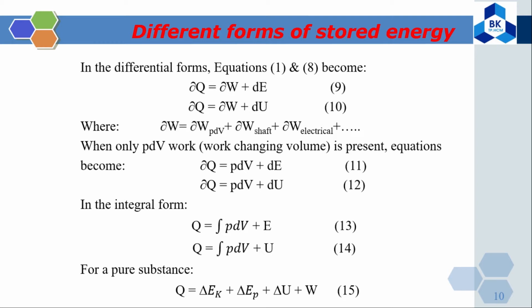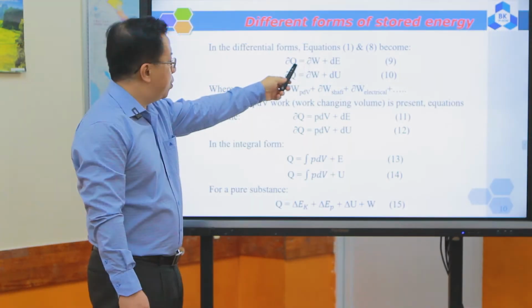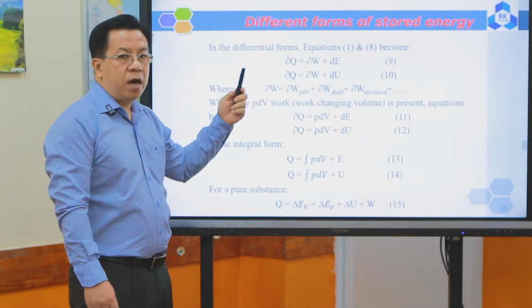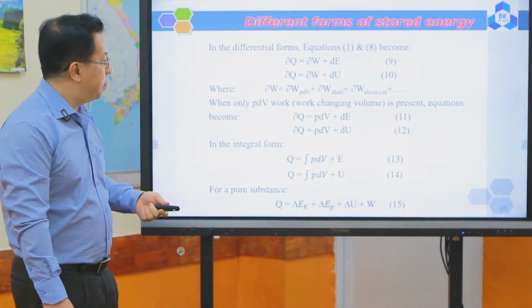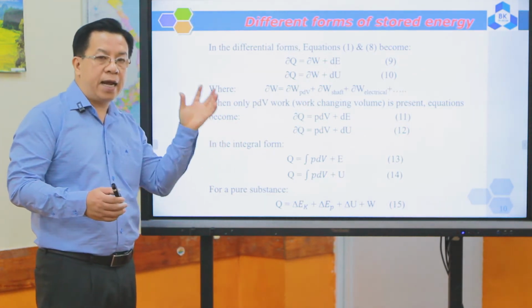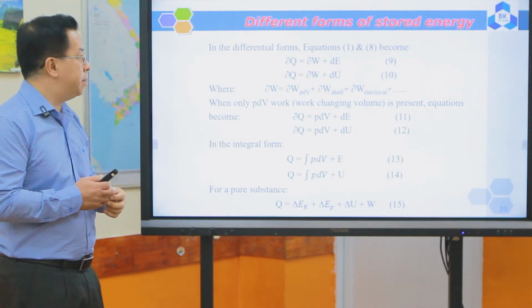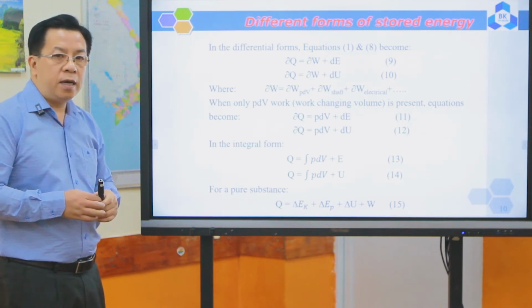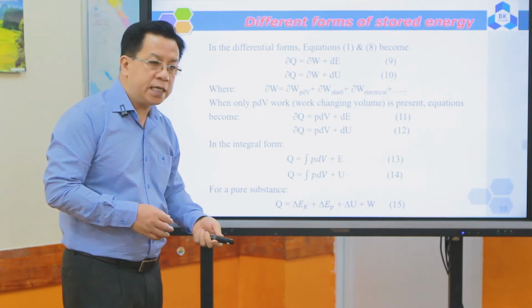Look at this one, and you recognize that Q and W are not state properties of the system. We already know that they cannot be stored in the system, so they are not properties of the system.